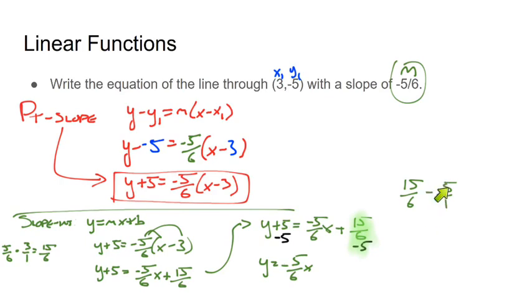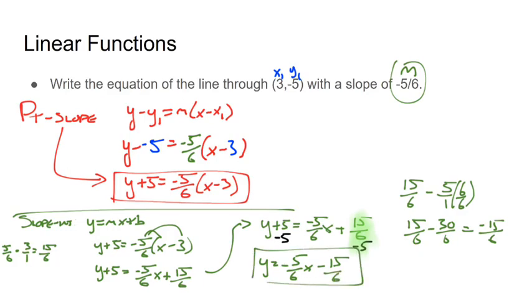So I'm going to multiply my numerator by 6 and my denominator by 6. What we're really doing is 15/6 minus 30/6, which would give us negative 15 over 6. I subtract the numerators and keep the denominators the same. So here is my slope-intercept form.